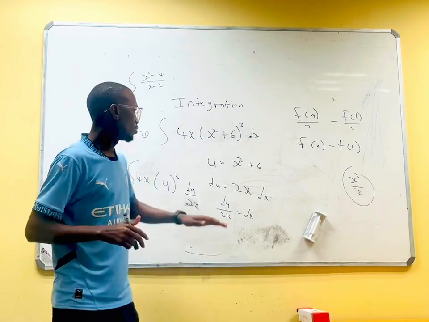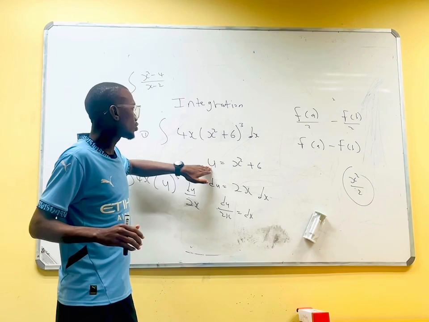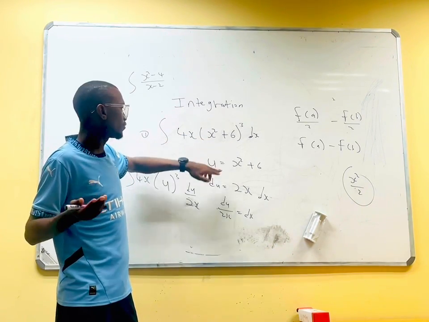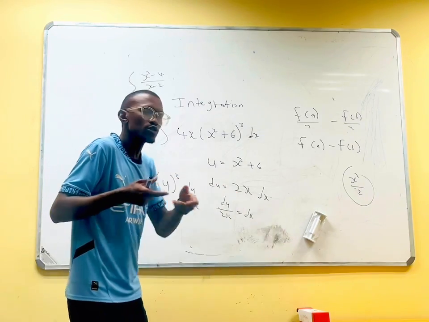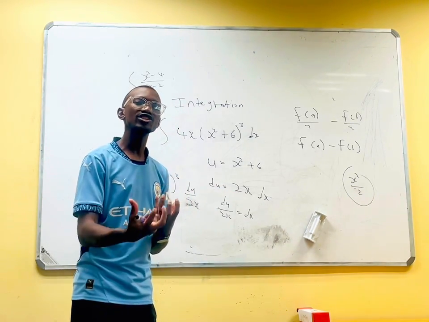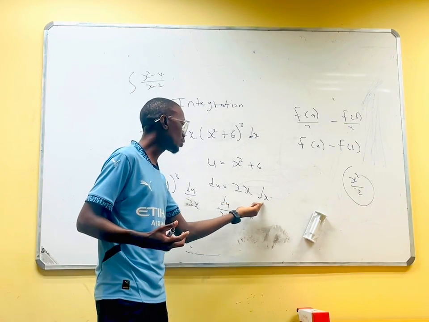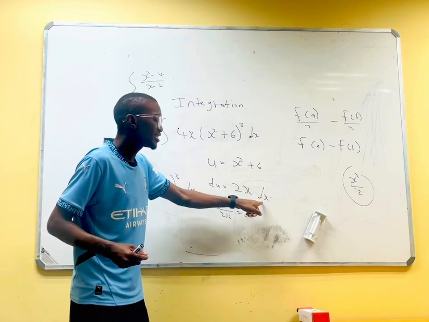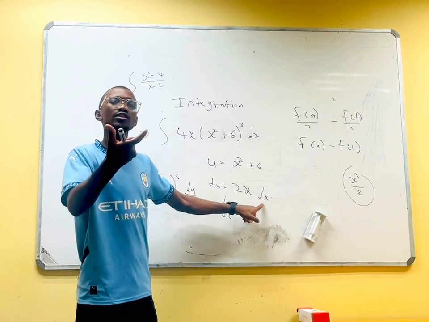Okay, guys, look, we had to make sure that u is this guy. Now we must find du, which is the derivative of this guy. So when you find that we are dealing with the derivative of x, we are differentiating with respect to x. That's why you're gonna end up having dx there. Okay. So we need to make sure that dx is alone. Make him the subject of the formula.